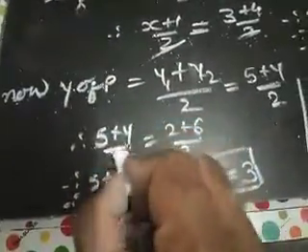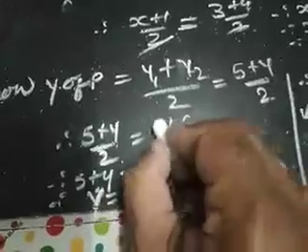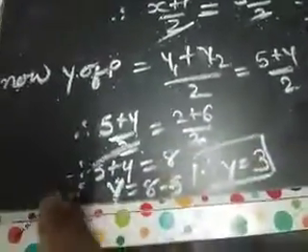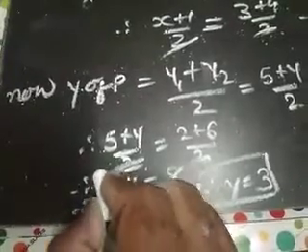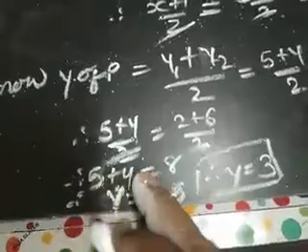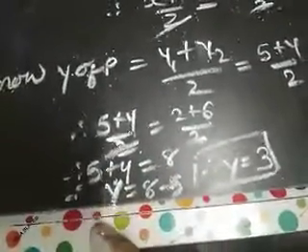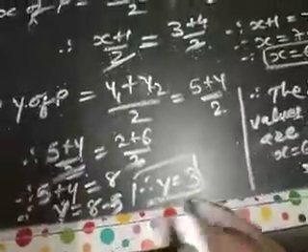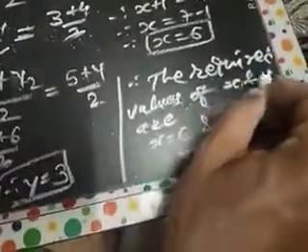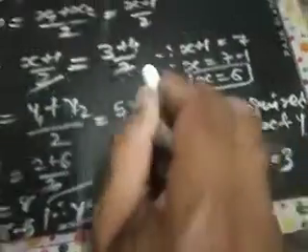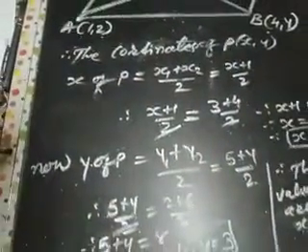So (5 plus y) upon 2 is equal to (2 plus 6) upon 2. The 2 cancels, so 5 plus y is equal to 8, then y is equal to 8 minus 5, so y is equal to 3. So the required values are x equal to 6 and y equal to 3. This is the answer to number 6.